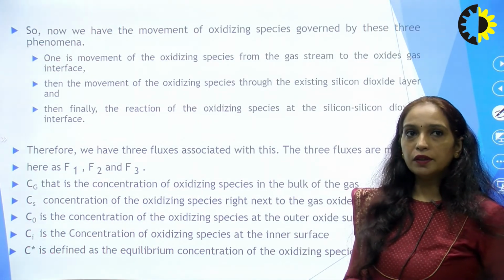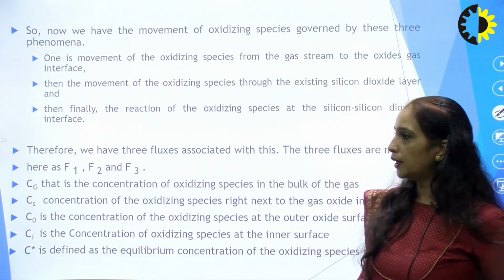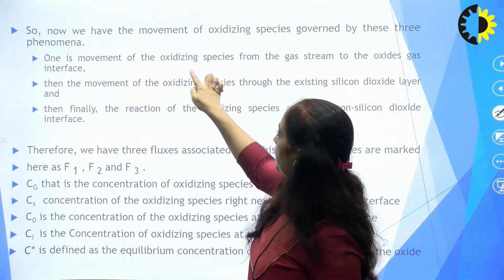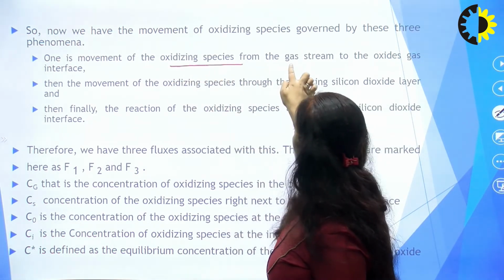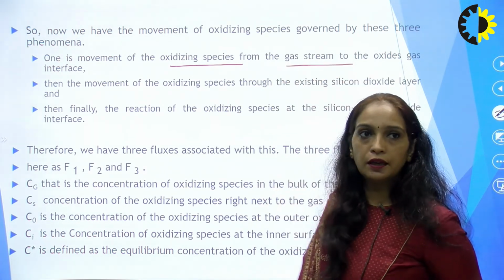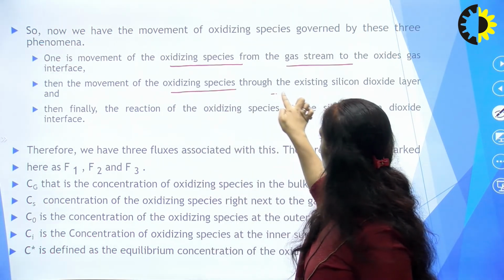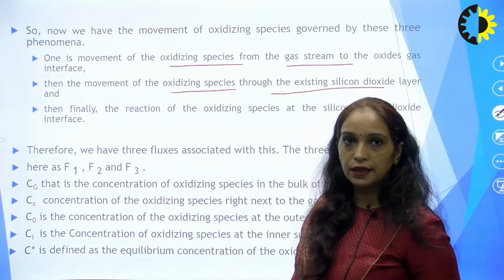So now we have three movements. From the previous diagram, we can conclude that there are three movements. The first is the movement of the oxidizing species from the gas stream to the oxide-gas interface. Next is the movement of oxidizing species through the existing silicon dioxide layer.